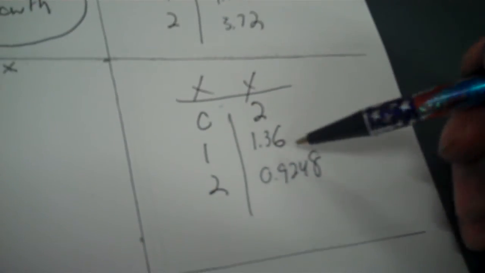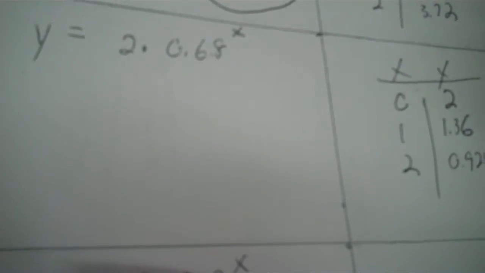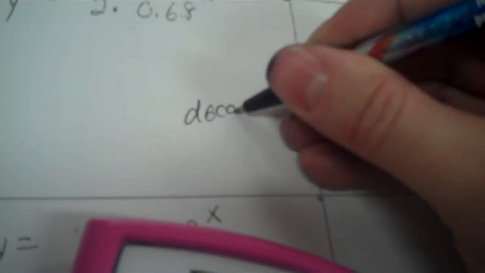And now I take 2 times 0.68 raised to the power of 2, 0.9248. Now here it was growing, but here it's decaying. It's getting smaller every time we multiply, so that's decay.